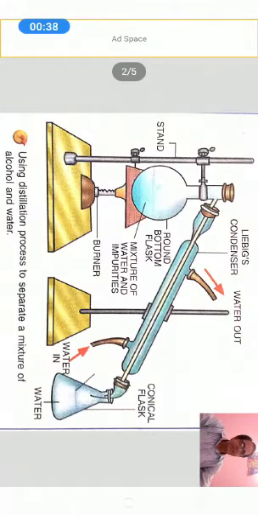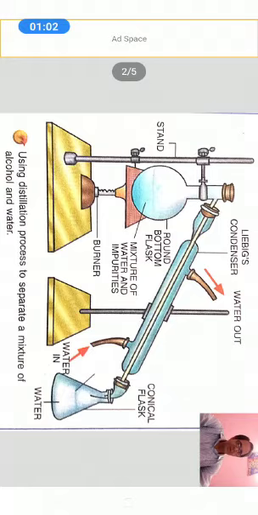Distillation is the method of getting a pure liquid from a solution by evaporating and then condensing the vapors. Means liquid is first changed into vapors by heating, and then vapors are again changed into liquid by condensing. Here you can see the figure.